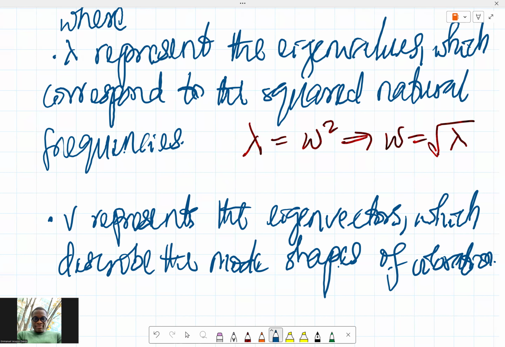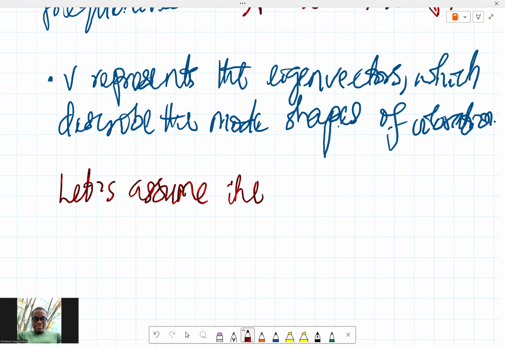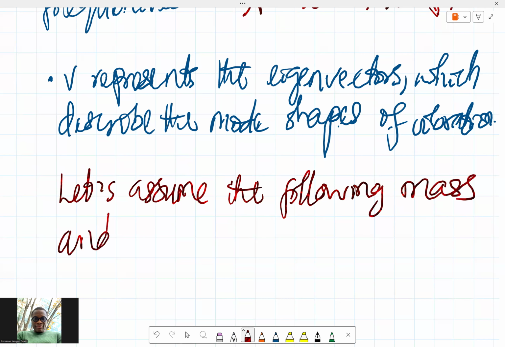Okay, so let's go for the data. Let's assume the following mass and stiffness matrices.